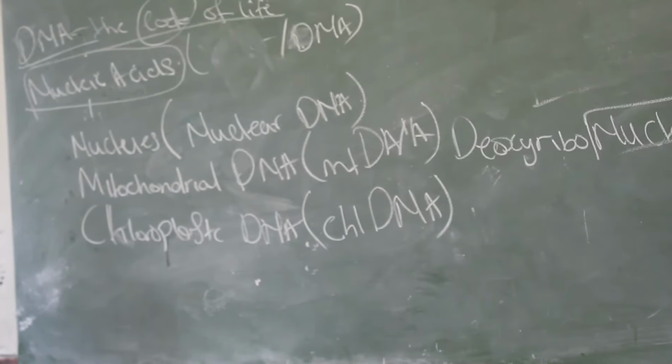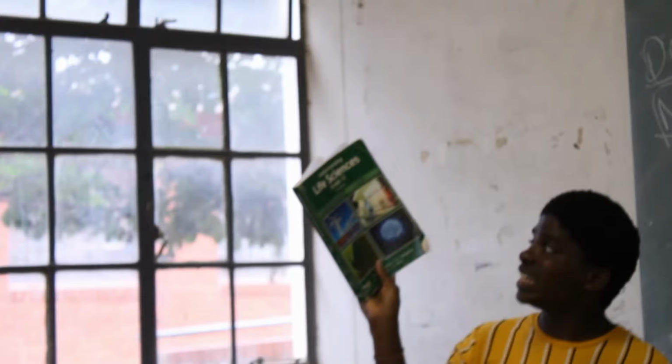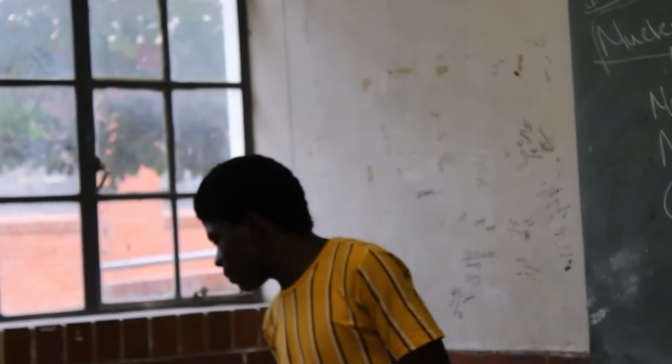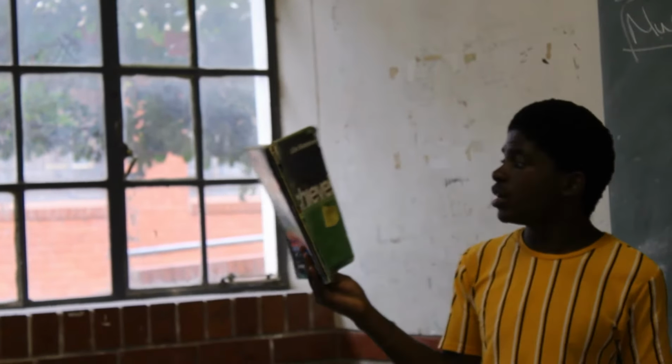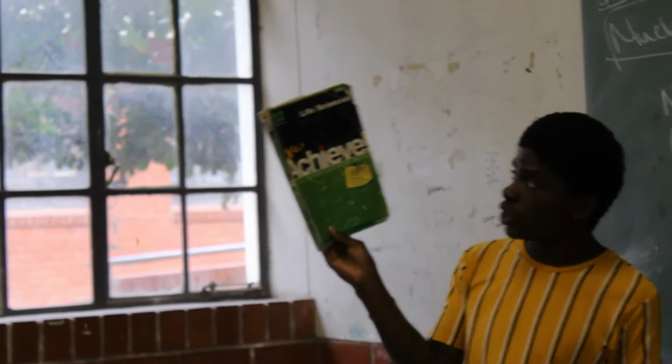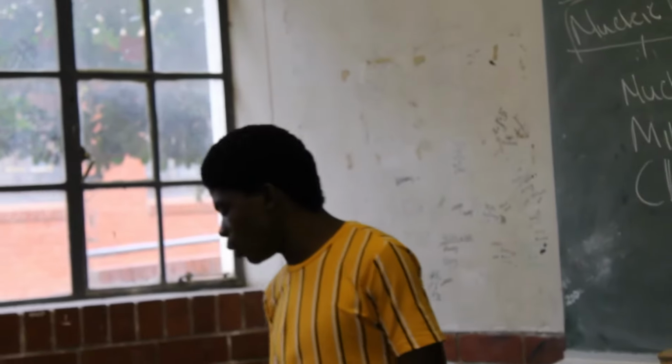The books that I'm using are this green book, Understanding Life Sciences, 3rd edition, and my other study guide, X-Kit Achiever, Grade 12 Life Sciences. They are both good books.